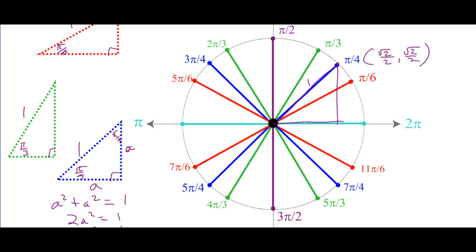It's y over r, but r is 1, so sine theta is just y. And cos theta is x over r, but r is 1. So this really is sine pi over 4, the y value, and the x value is cos pi over 4.